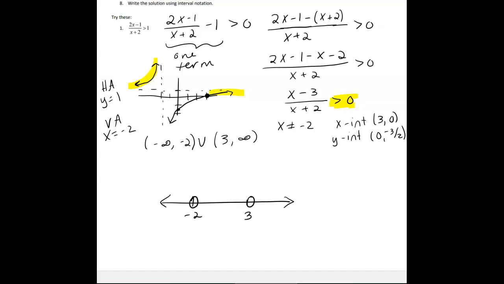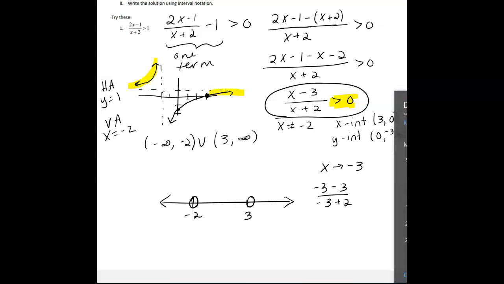And then you want to check points in each interval. So if I want to check this first interval on the left, I could use an x value of -3. And then we're going to take this statement here and plug a -3 into it. All right, and simplify this down.